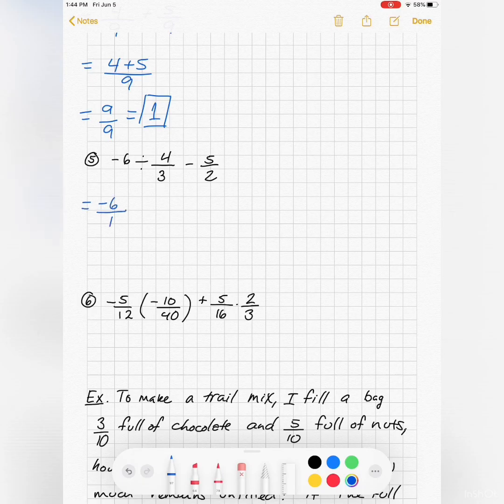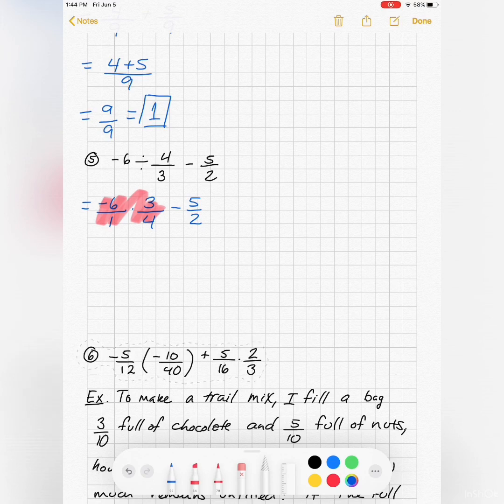-6 divided by 4/3. Remember, I flip the second fraction and change to a multiplication. So following the order of operations, I have to do that multiplication before I do the subtraction. Okay, so what is that? Negative. Break that up.